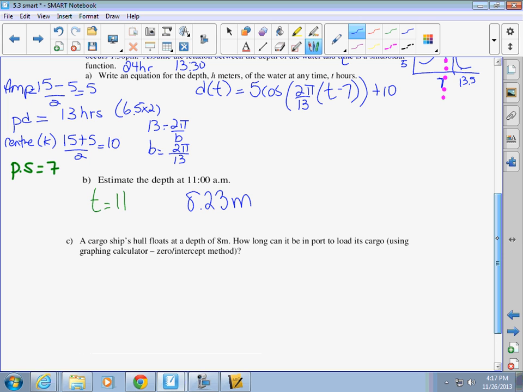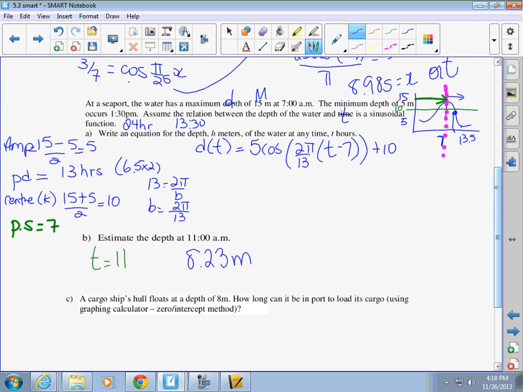C part says a cargo ship's hull floats at a depth of 8 meters. How long can it be in the port to load its cargo, using a graphing calculator and the zero intercept method? So what we want to know then is, when is the height at least 8 meters? I'll do red.